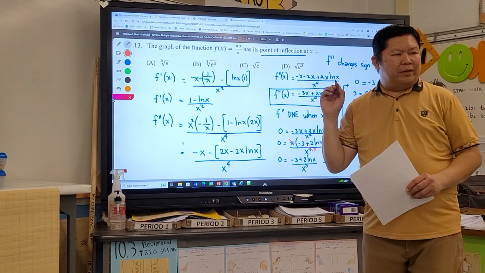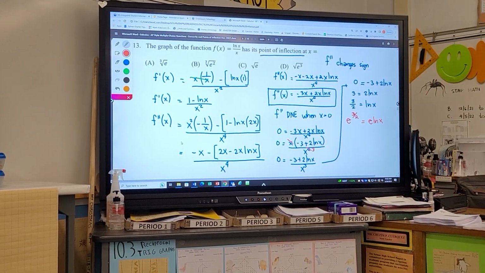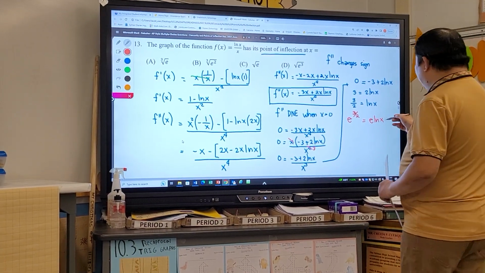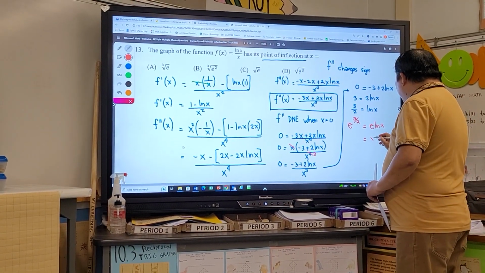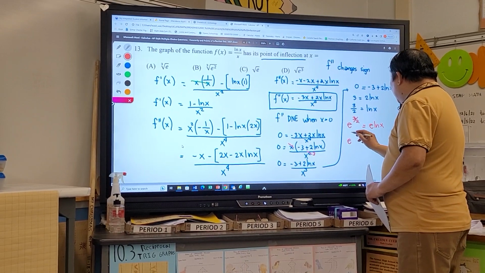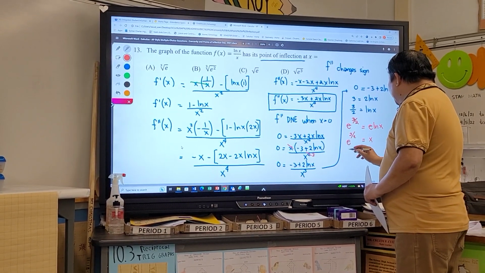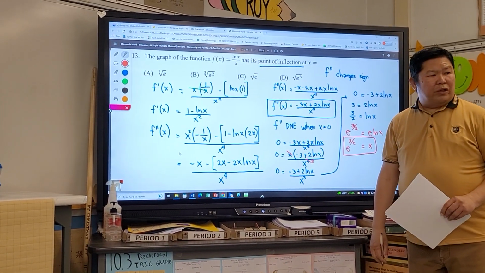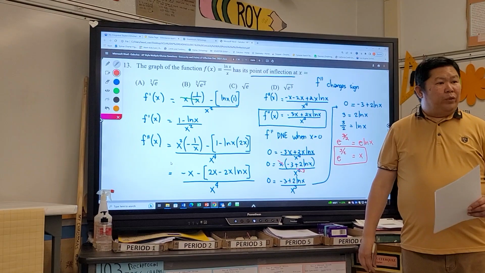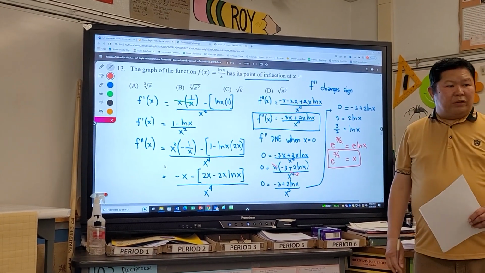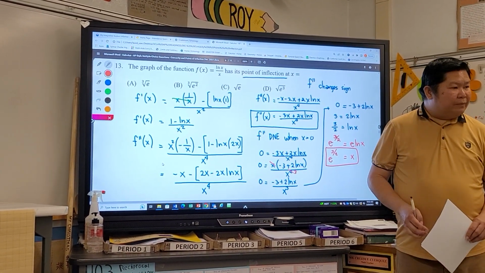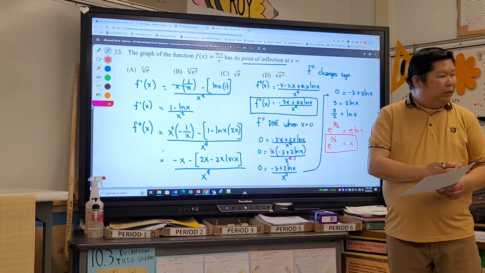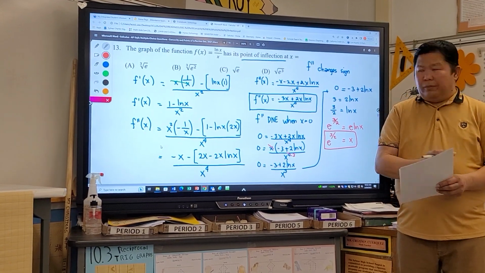What cancels there? The e and the natural logarithm, so this is equivalent to 1. Therefore x is e to the power of 3/2. So this is the P of I, or the point of inflection. But we're gonna have to test whether this is really the point of inflection. What's the next step, guys? Do a number line for f double prime.